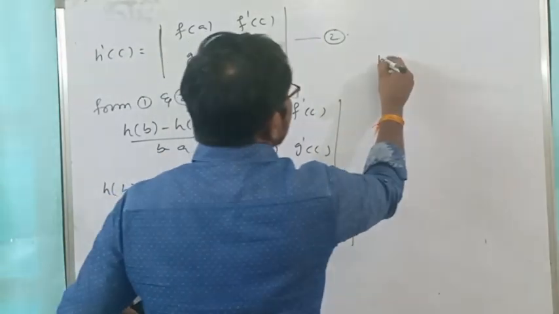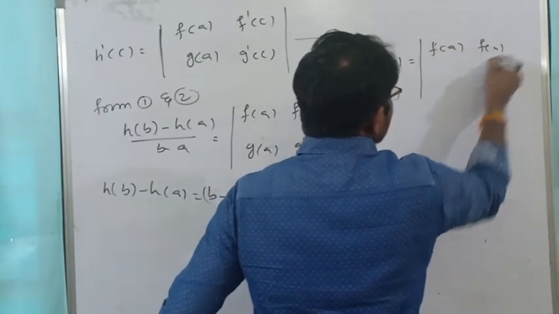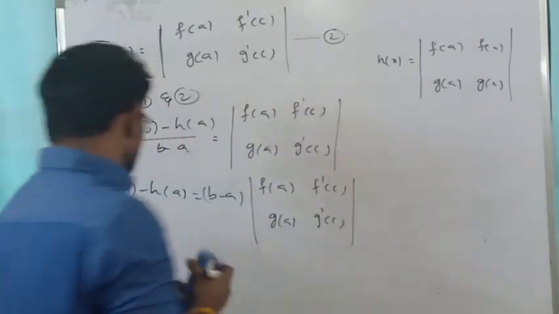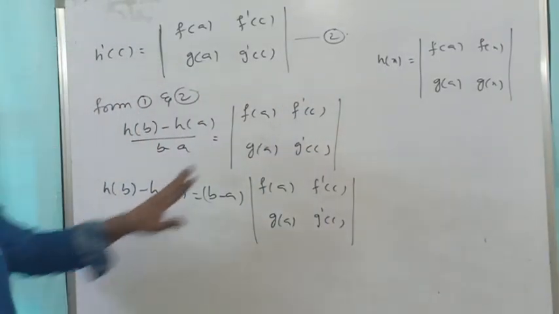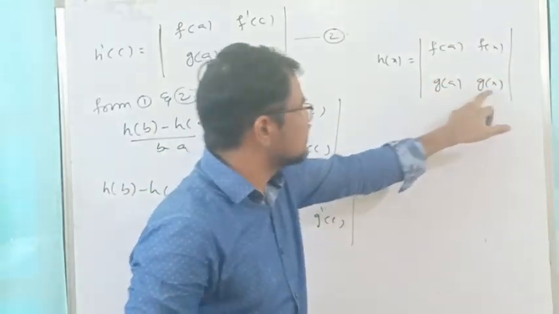Now here h of x is what you considered: f of a, f of x, g of a, g of x. Right. Now h of b is there, replace x by b here. What you will get? f of a, f of b, g of a, g of b.